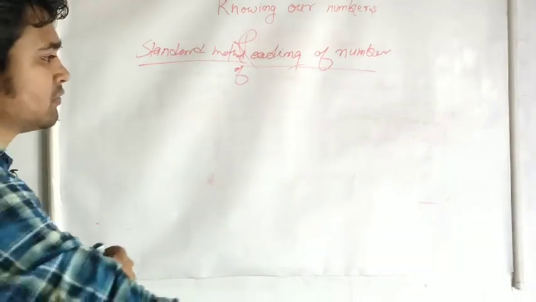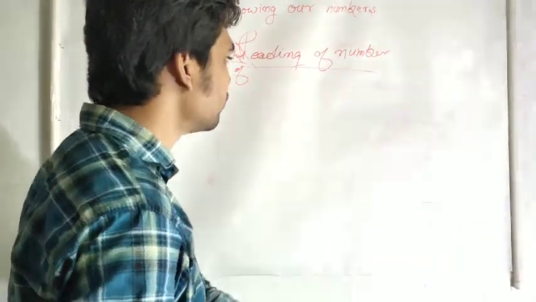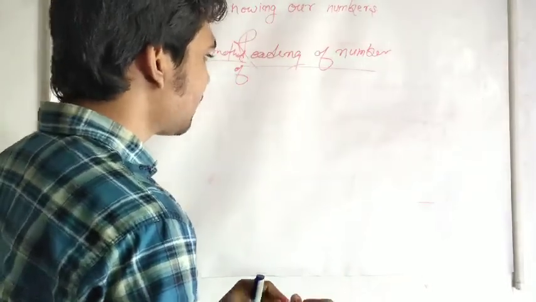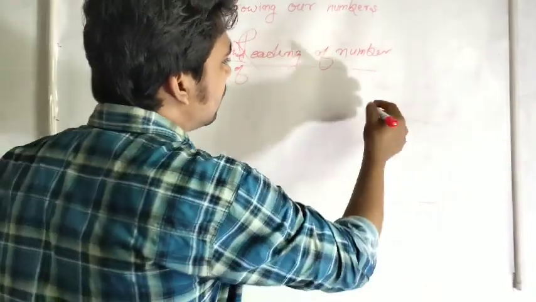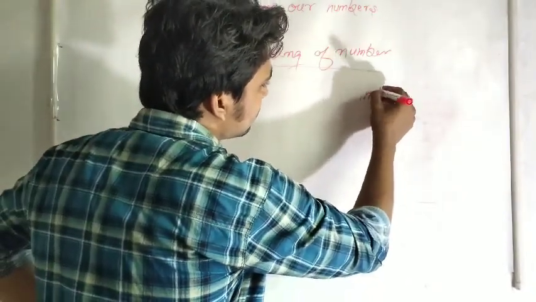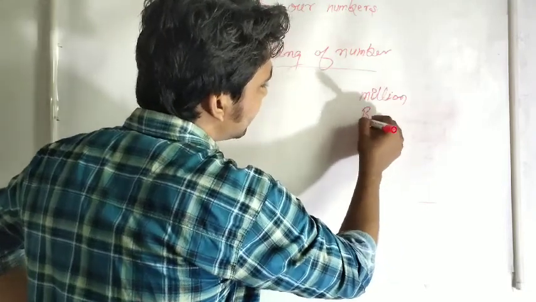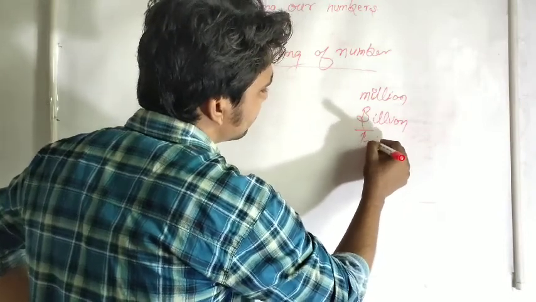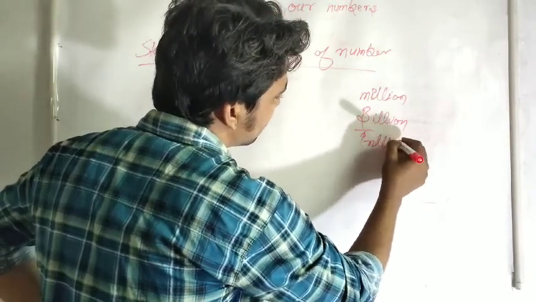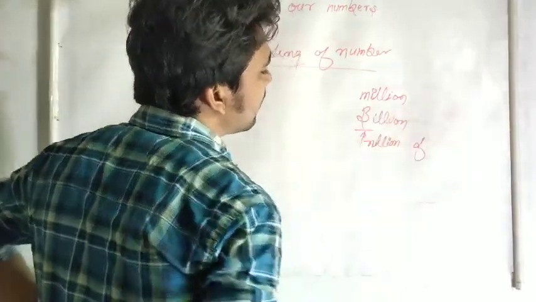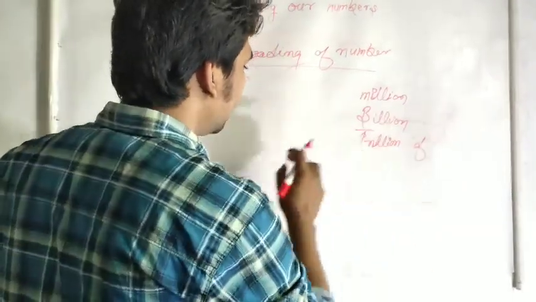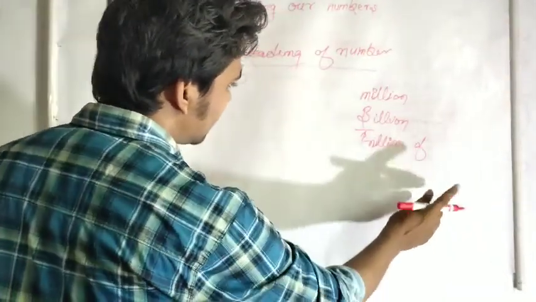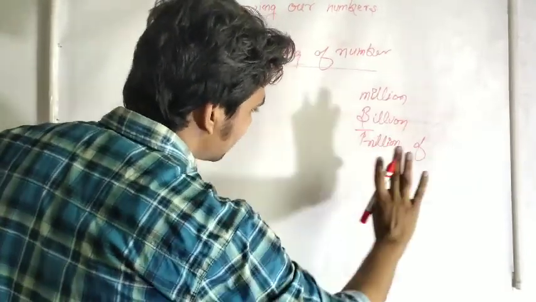Friends, in the Indian method we use lakh, 10 lakh, 1000 in such a manner, but in the international method we use million, billion and trillion after lakh.